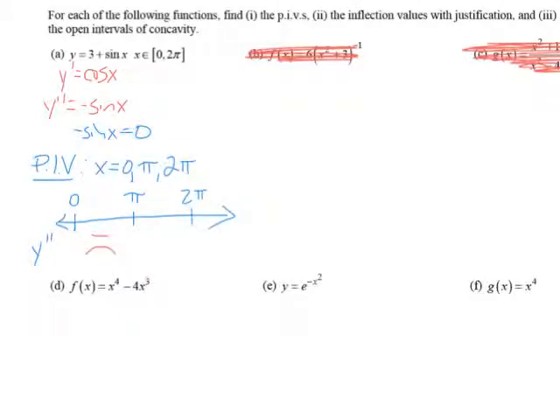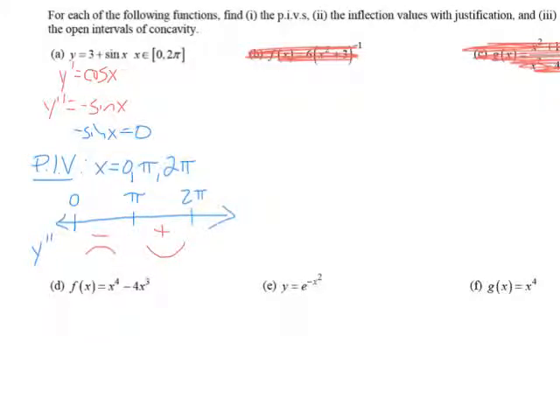If we stick a number between pi and 2 pi, it's a positive answer, which is concave up. We tested like negative sine of 4, and we got a positive answer. So here we have the possible inflection values of 0, pi, and 2 pi. We got a change of concavity at pi.